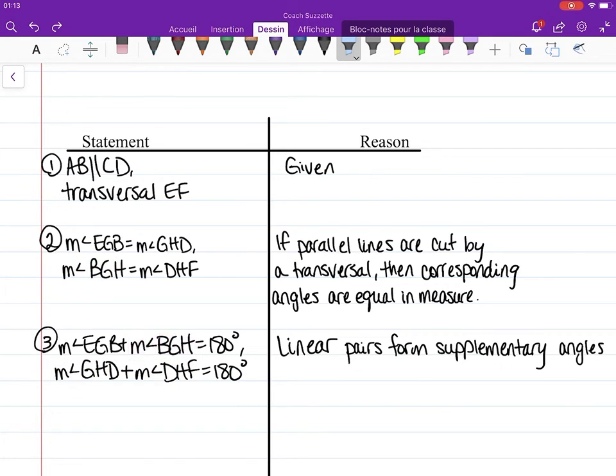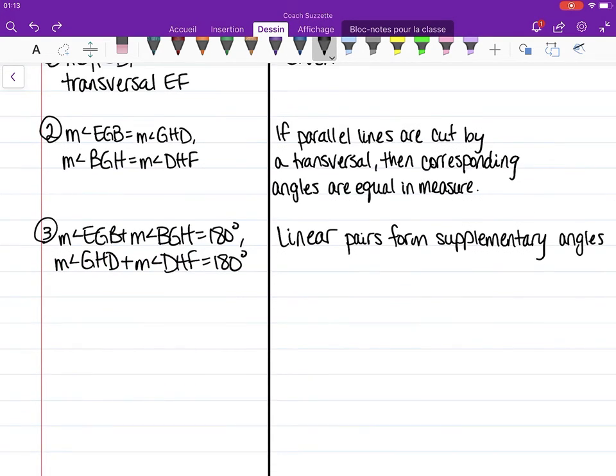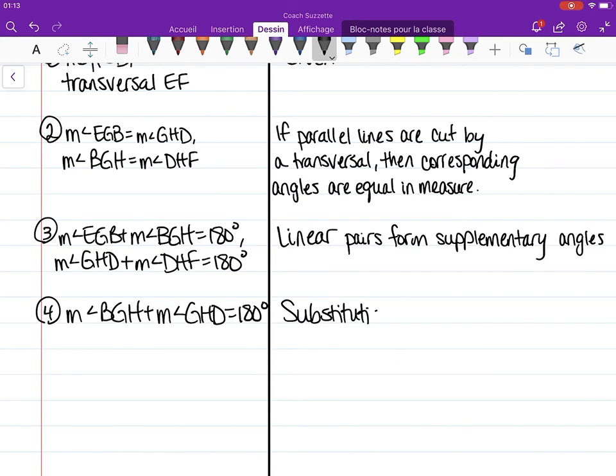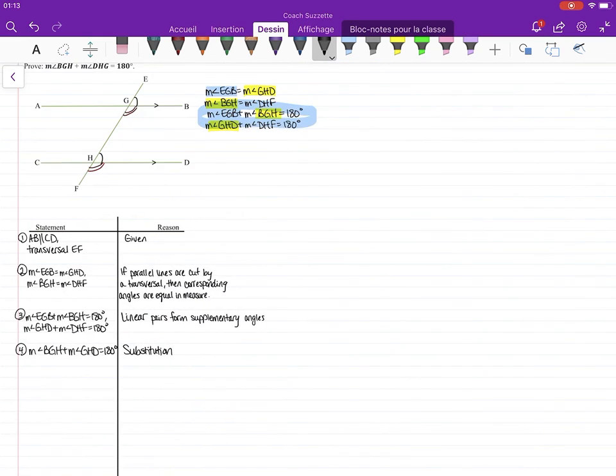Okay, so let's write that down. Number 4, measure of angle BGH plus the measure of angle GHD is equal to 180 degrees by substitution. And we're done.